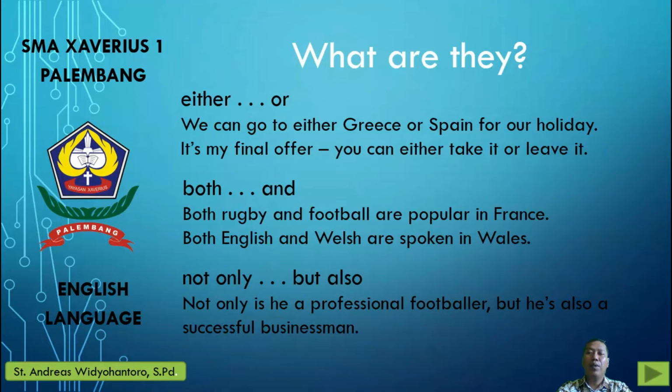For example, both rugby and football are popular in France. Both English and Welsh are spoken in Wales. Both... and means that you have two options, two choices, and you may use both of them.